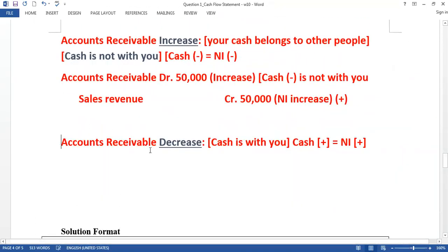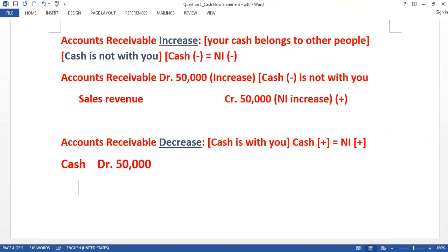Look at the example of accounts receivable decrease. Cash debit $50,000 and accounts receivable credit $50,000.